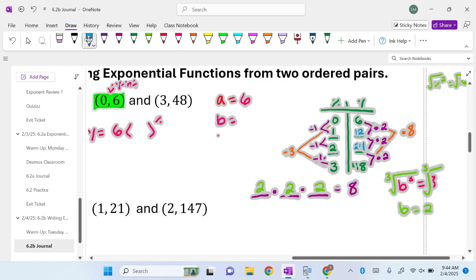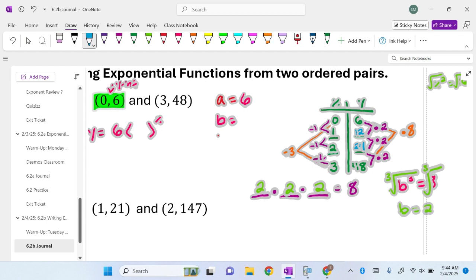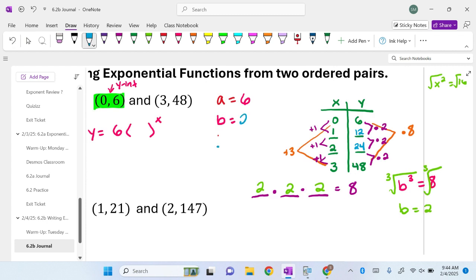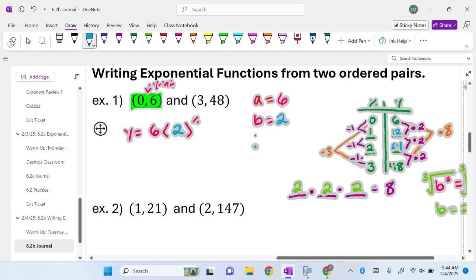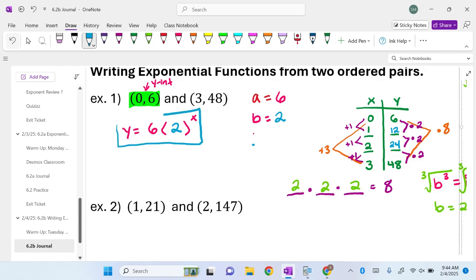So my b value is going to be 2. So this 2 is going to be my base. So my equation is going to be y equals 6 times 2 raised to the x power.